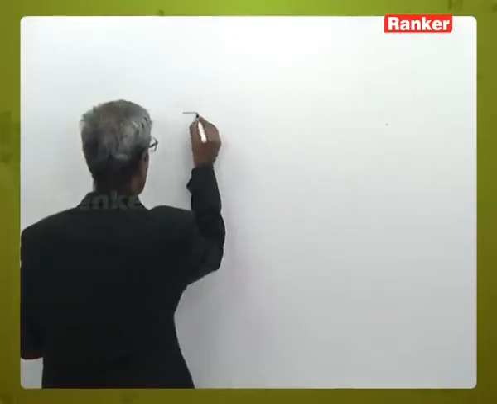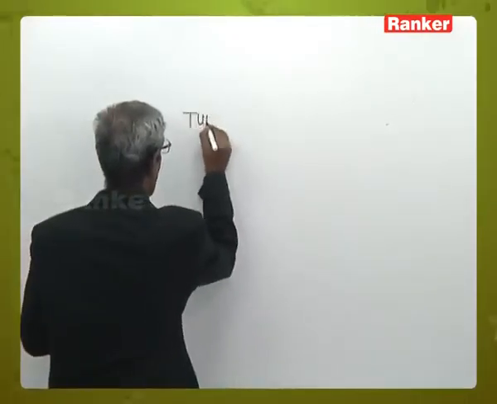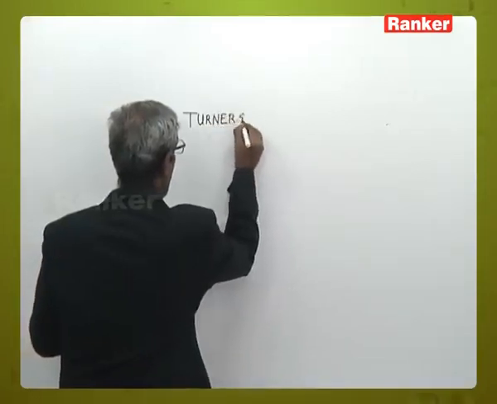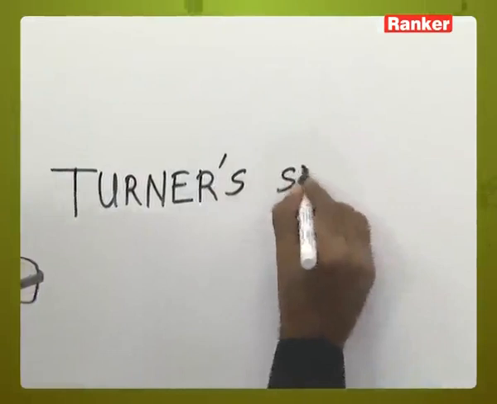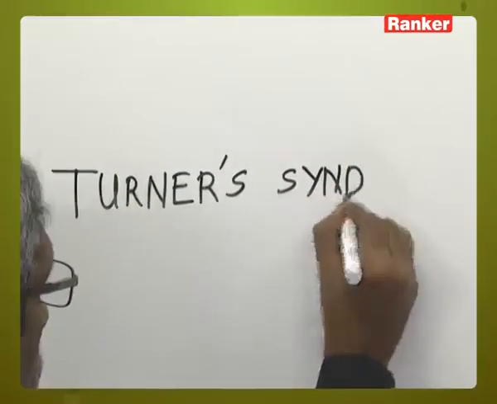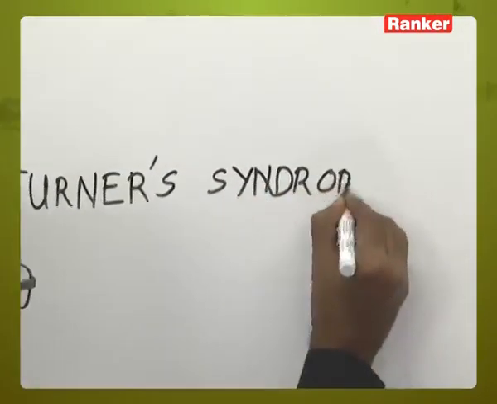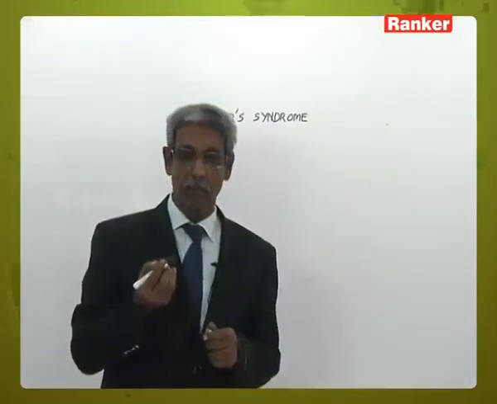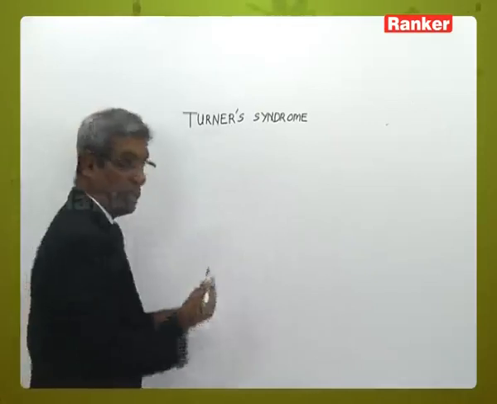Next we go into the third type of syndrome, which is termed Turner syndrome. The next genetic abnormality we have is the Turner syndrome.